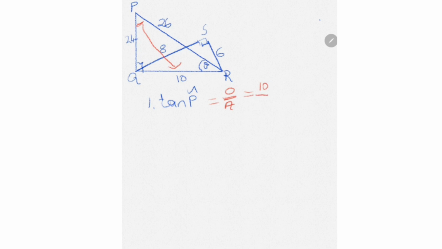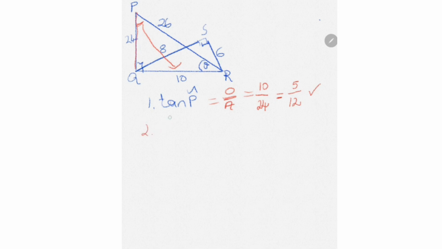And what is adjacent to angle P? It is this side PQ, which is 24. So 2 goes 5 times into 10, and 2 goes 12 times into 24. Therefore, tangent of P is equal to 5 over 12.